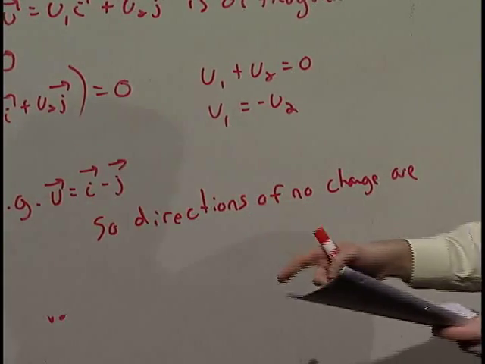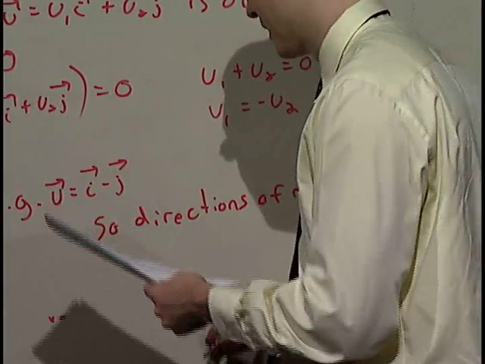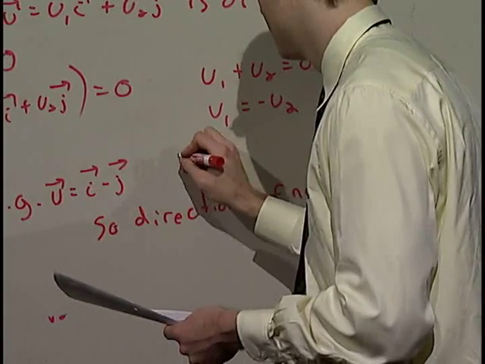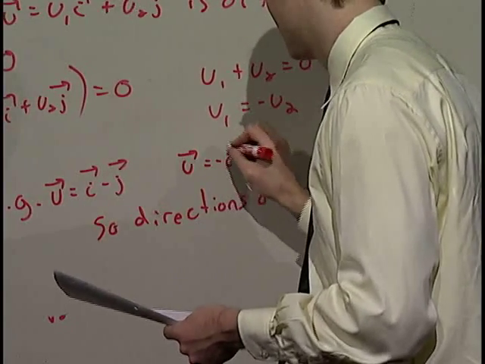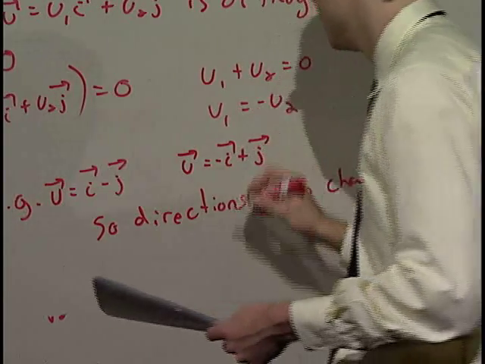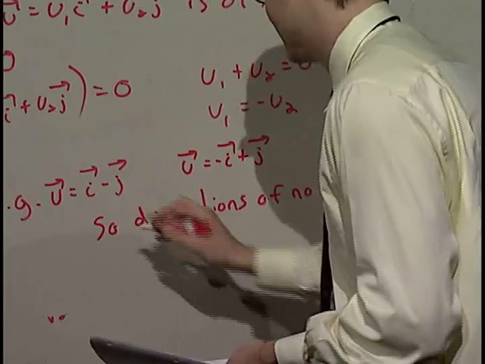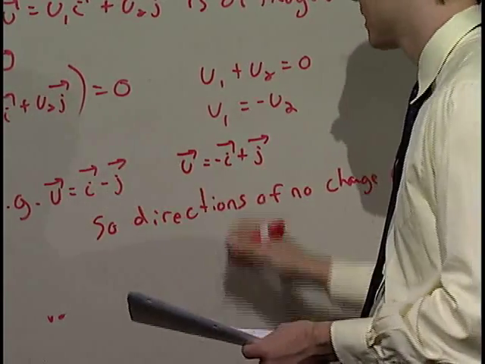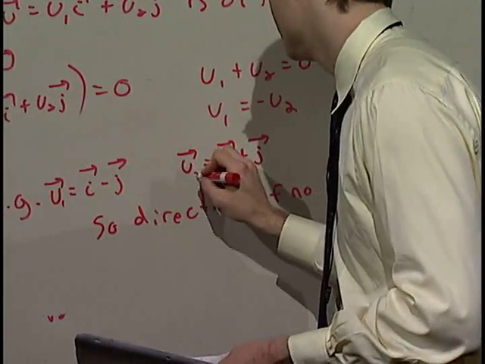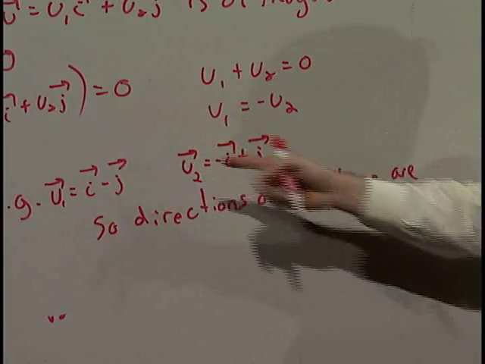This has length root 2. So does its converse. So I should say up here, u equals negative i plus j. Both of those are the directions that we care about here. I should say u1 and u2 maybe. Yeah, there you go. So there's u1 and u2. They both have length root 2.